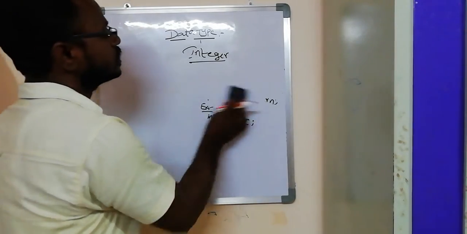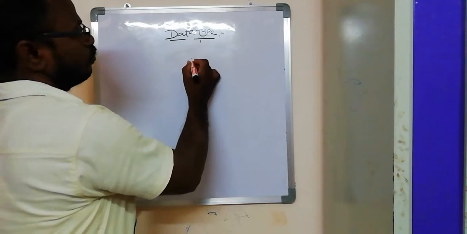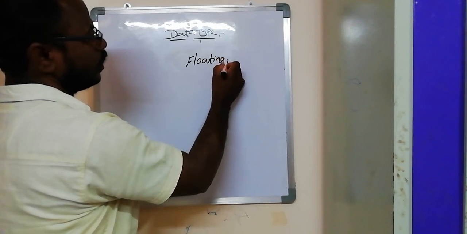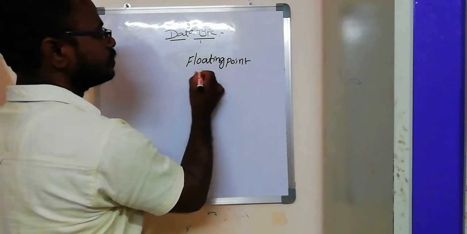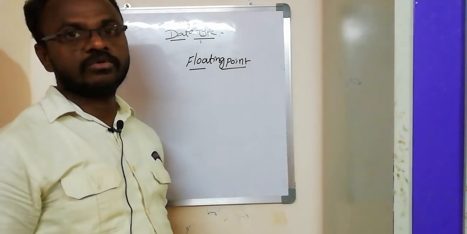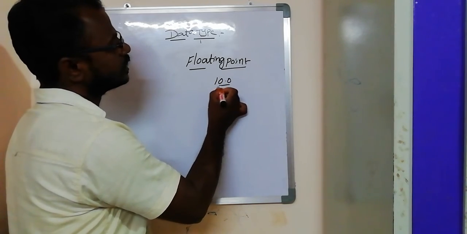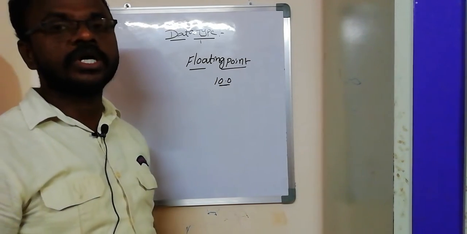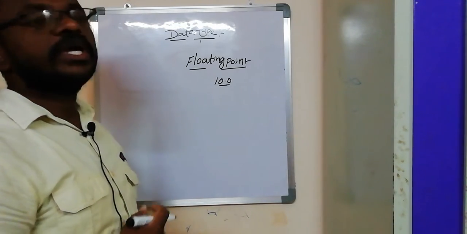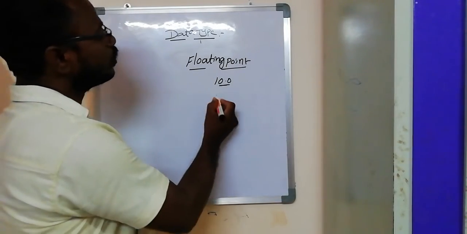The next one is floating point. The next data type is floating point, one of the primitive data types in C language. This data type allows numerical numbers with decimal position. We can use this data type in programs with the keyword float.